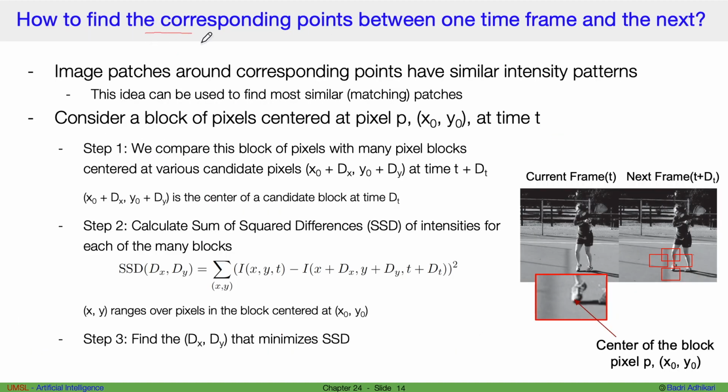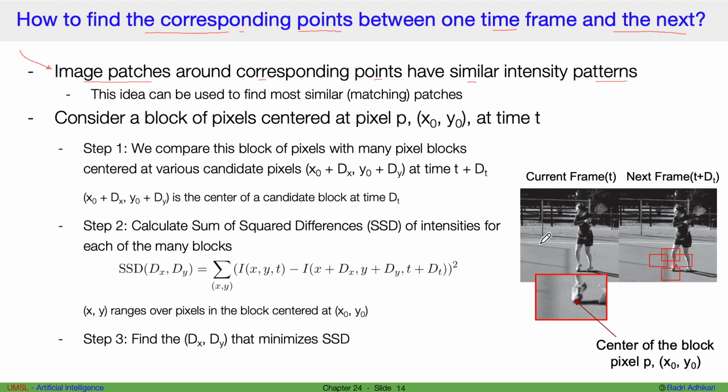That is, how to find the corresponding points between one time frame and the next time frame. The idea that we are going to use is that image patches around corresponding points have similar intensity patterns.